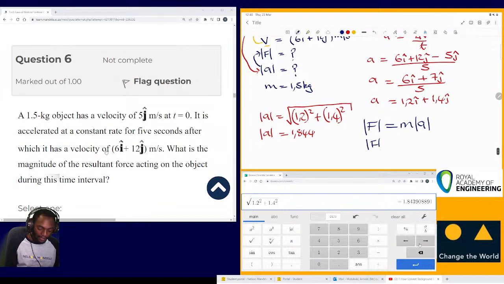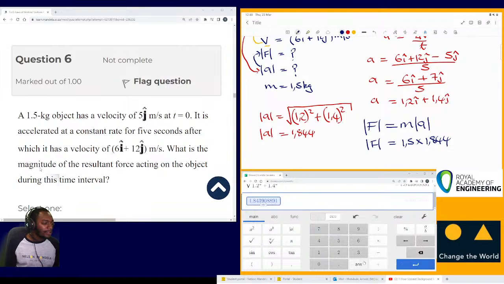So now we can find the resultant force, which is the mass, 1.5, times the acceleration, which is 1.844. We then say our answer times 1.5. We get 2.76. That becomes the magnitude of our force.